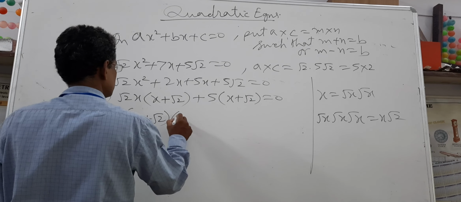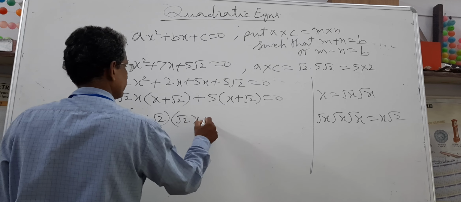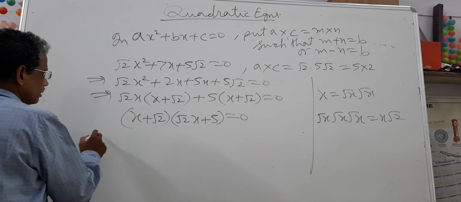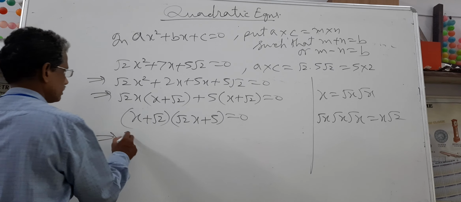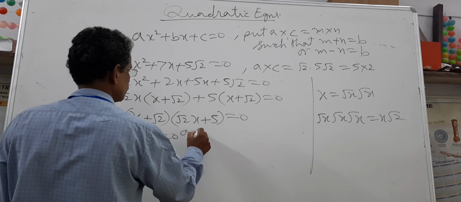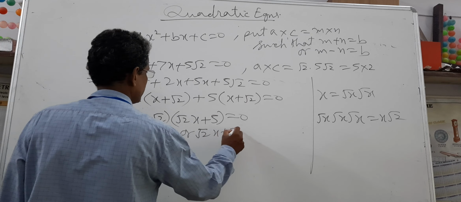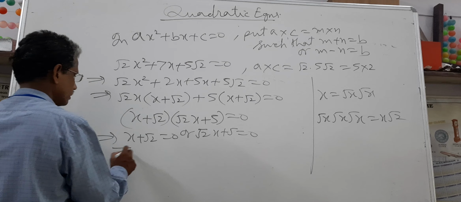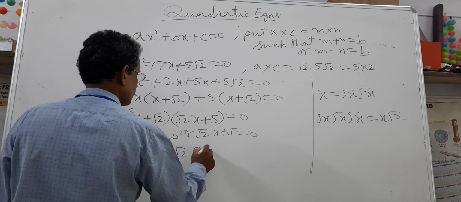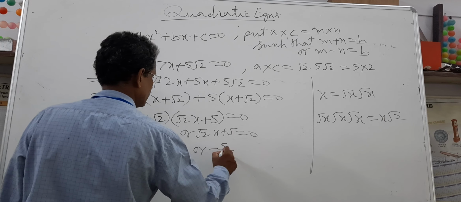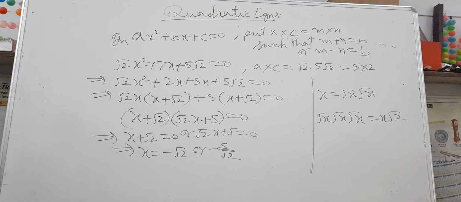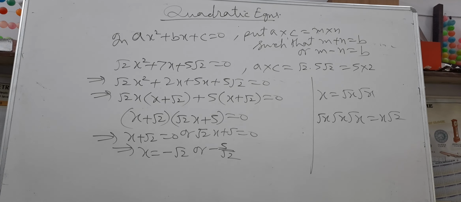You will get root 2 x plus 5 is equal to 0. This implies x plus root 2 equal to 0 or root 2 x plus 5 equal to 0. This implies x equal to minus root 2 or minus 5 by root 2. This is your solution. Thank you.